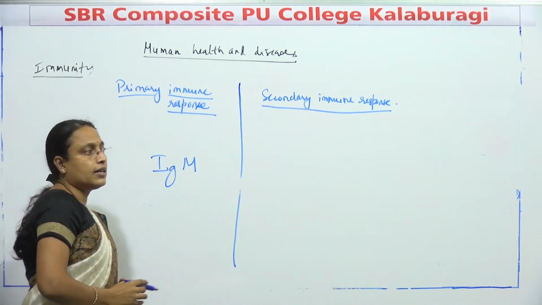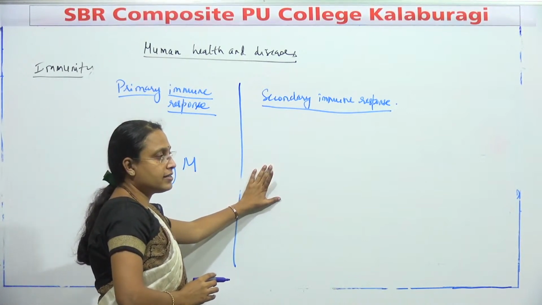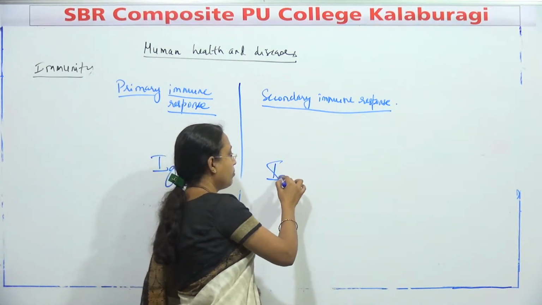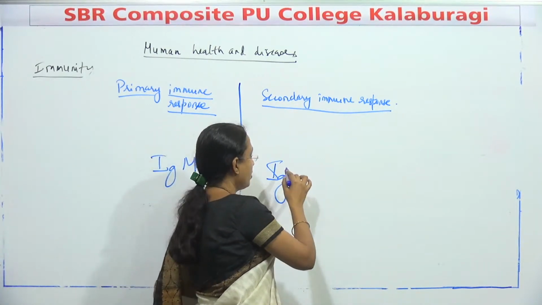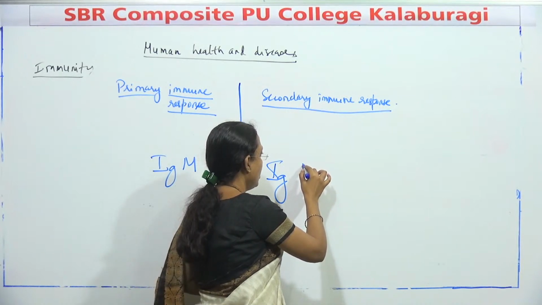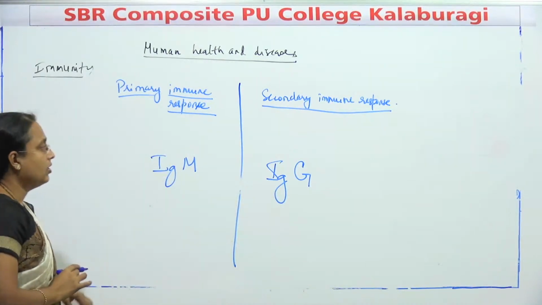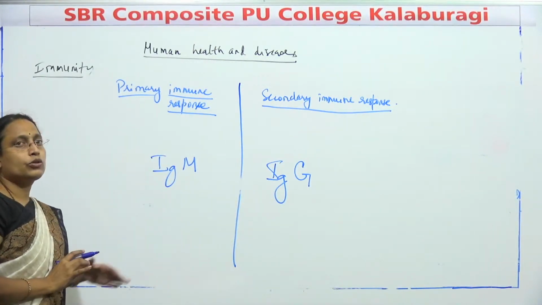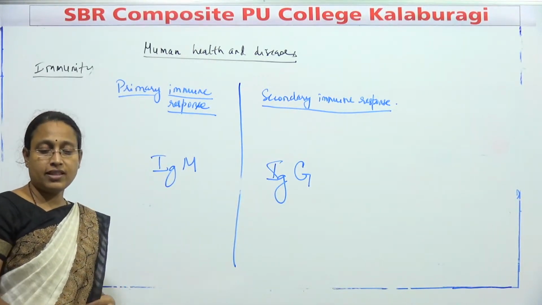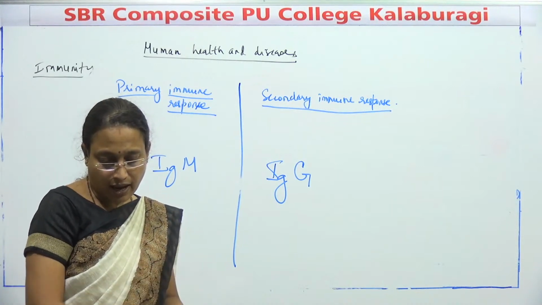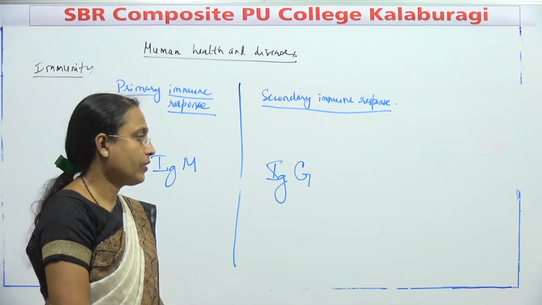The primary immune response is IgM, and the secondary immune response is IgG. Got? So that is what you should know. In a primary immune response it is IgM, whereas in secondary immune response it will be IgG.